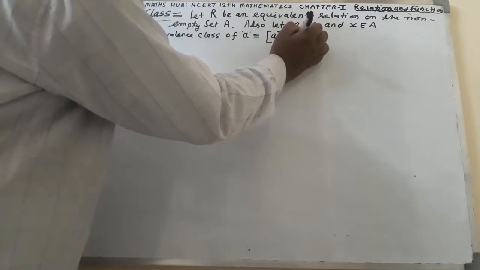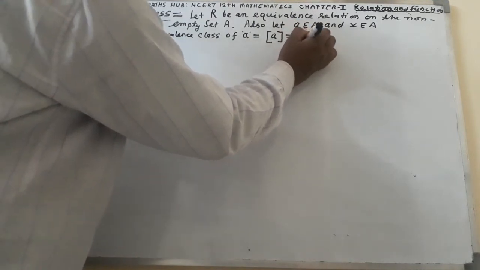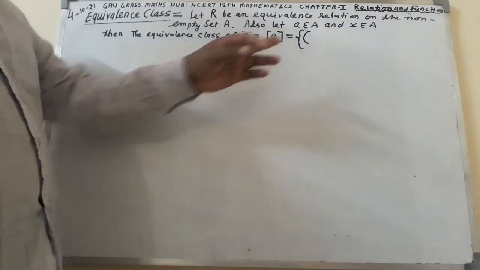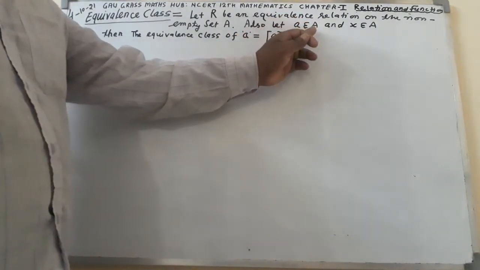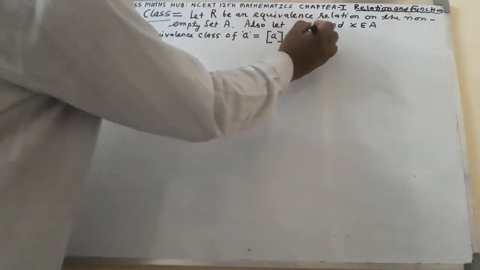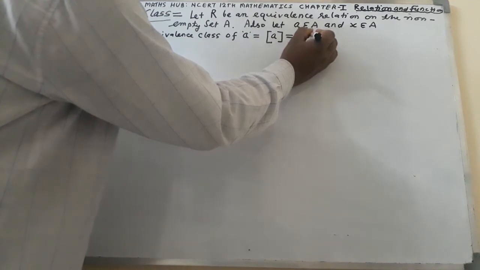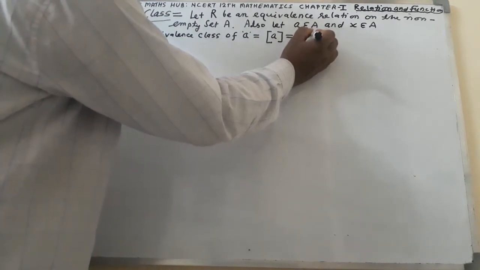open curly bracket, x belongs to the set A. Here write the ordered pair; the first element of the ordered pair will be a.